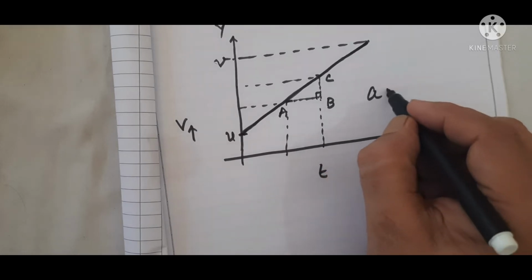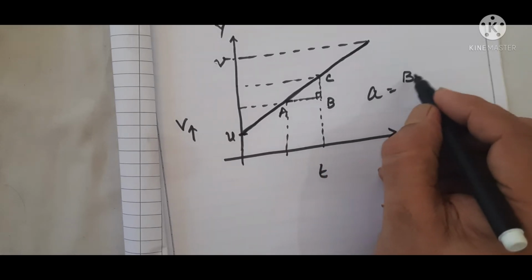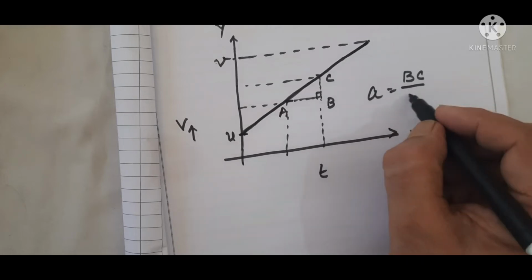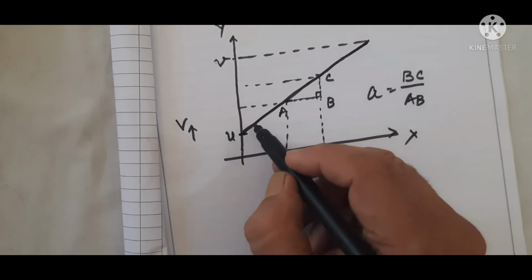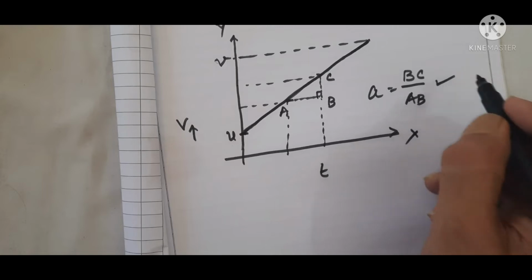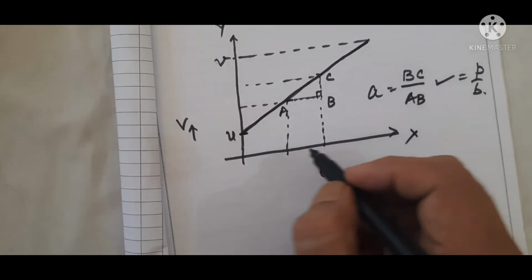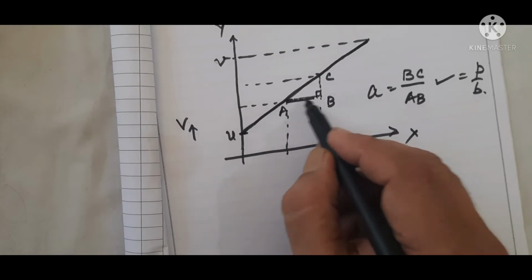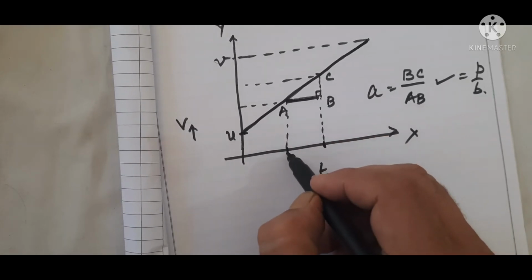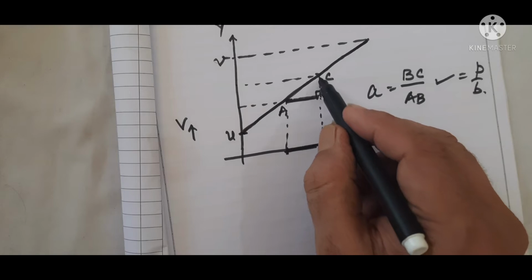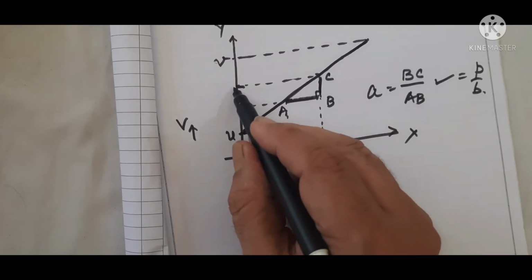So acceleration will be BC by AB. That is slope. Slope of the graph will be the acceleration, or P by B, perpendicular by base. This value you have to find out from this graph, whatever the marking is there, यहाँ से यहाँ, and this value from here, vertical axis.